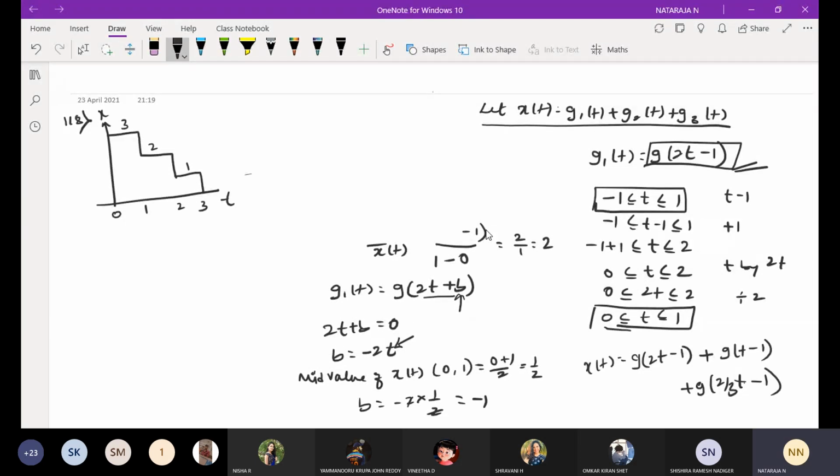This is your x of t. Then g of t will be.